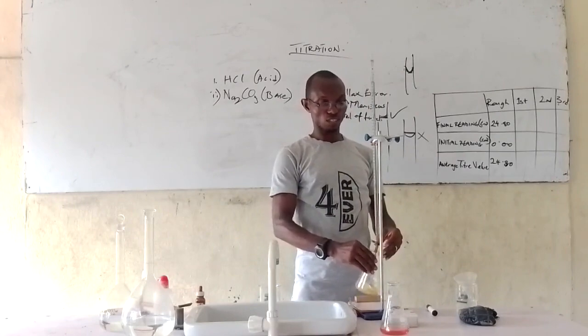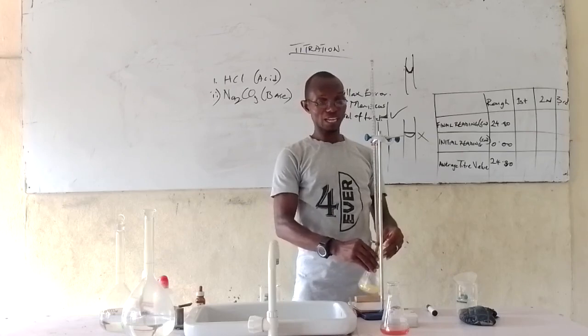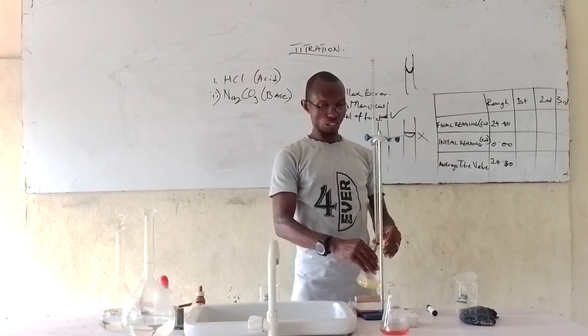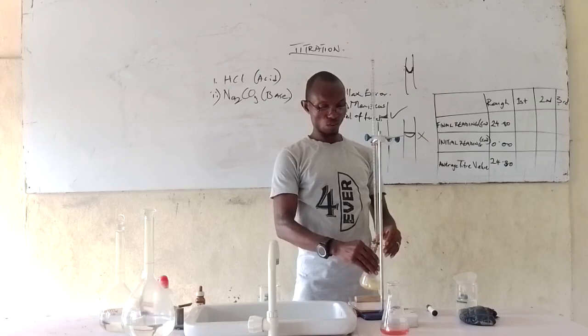The moment I notice that it is getting to 24, I can start dispensing in bits. Yes, I am close now, so I can start dispensing in bits. We need a color change out of the yellow color.